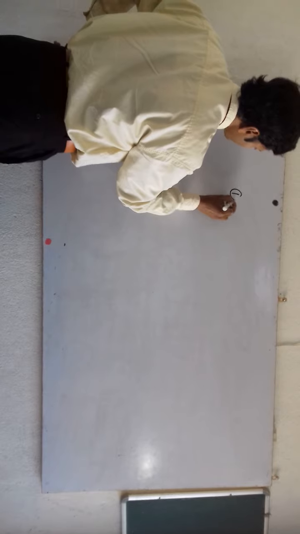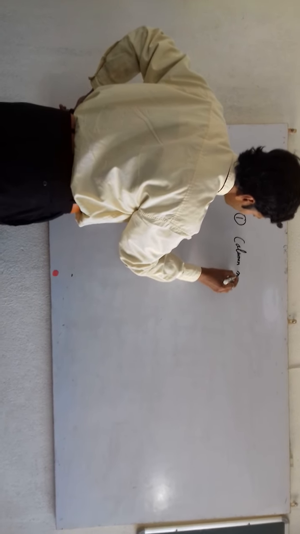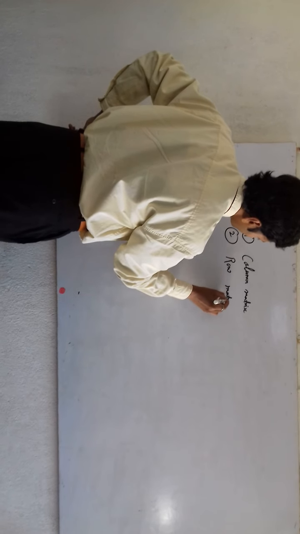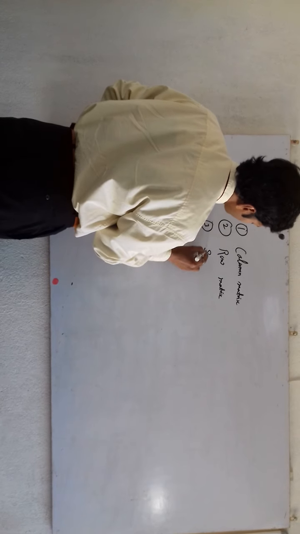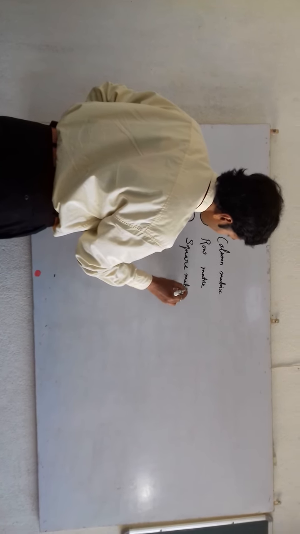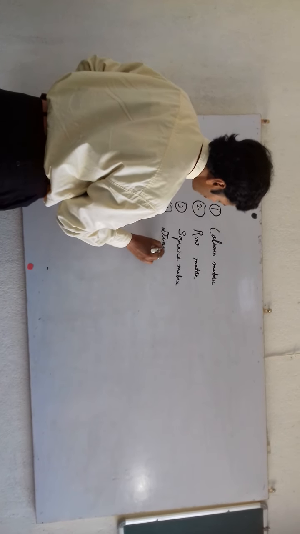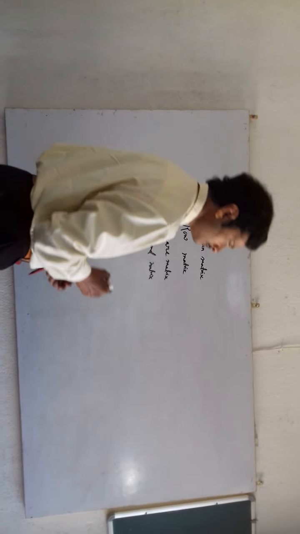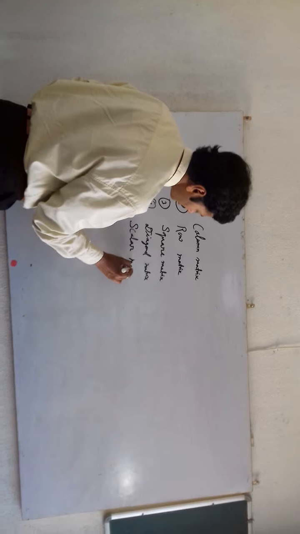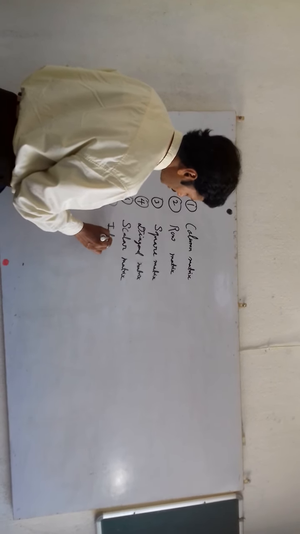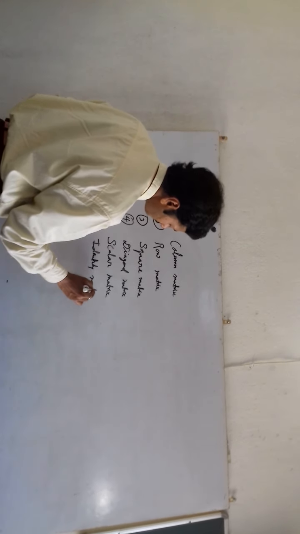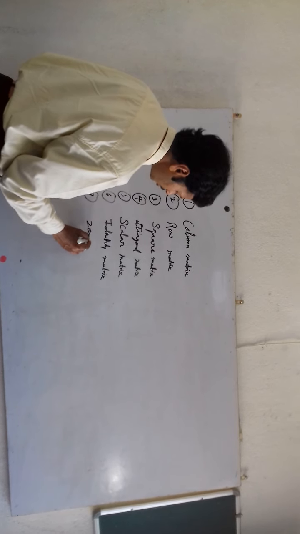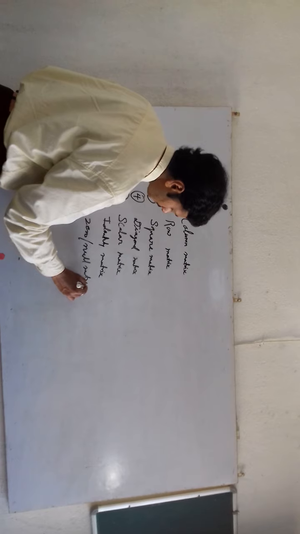These are: first is column matrix, second is row matrix, third is square matrix, fourth is diagonal matrix, fifth is scalar matrix, sixth is identity matrix, and the last and seventh matrix is called the zero or null matrix.